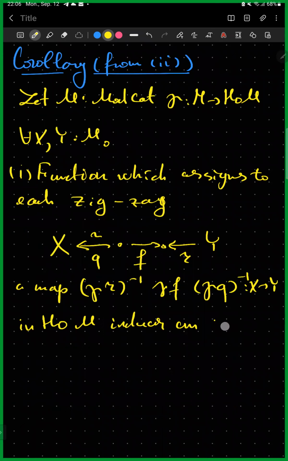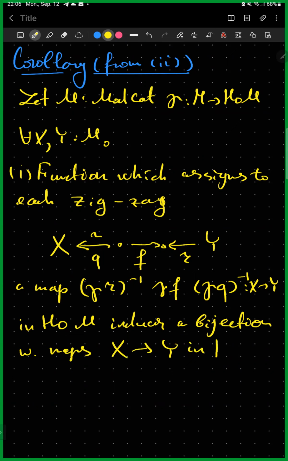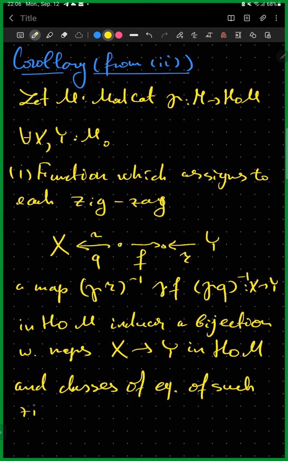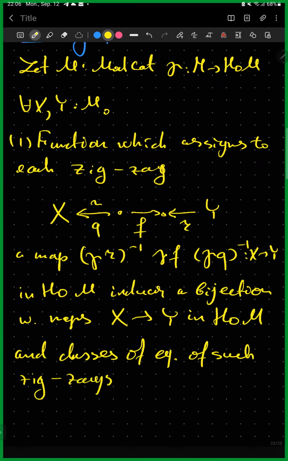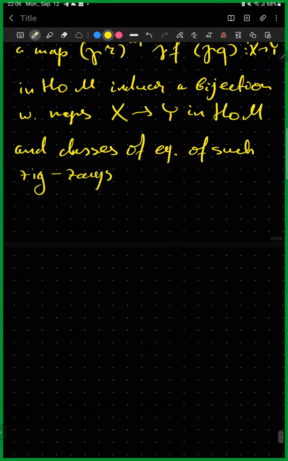Well, maybe it's better to say a bijection, with maps from X to Y in the homotopy category and classes of equivalence of such zigzags, where two zigzags are equivalent if they fit into the following square.